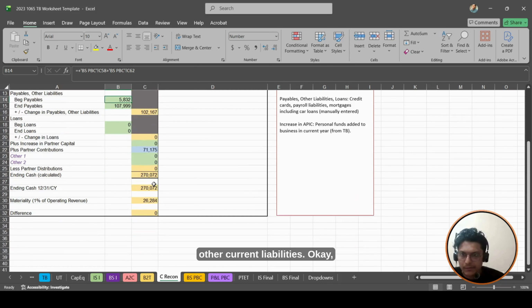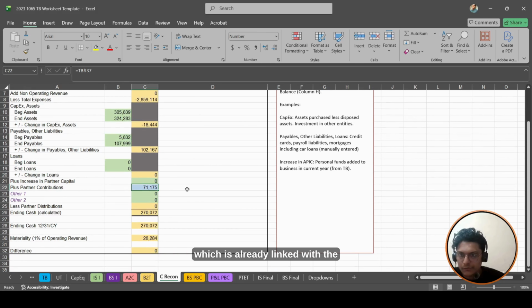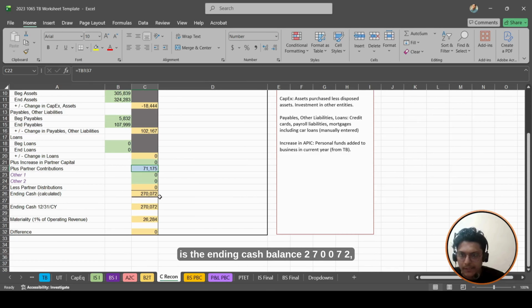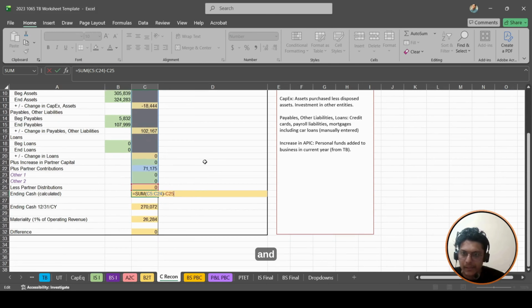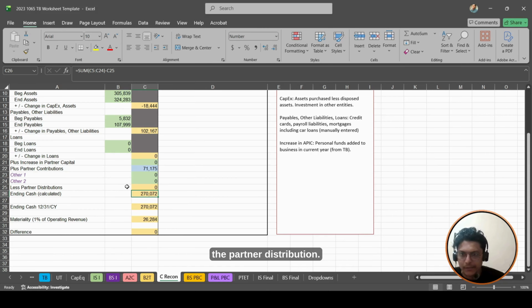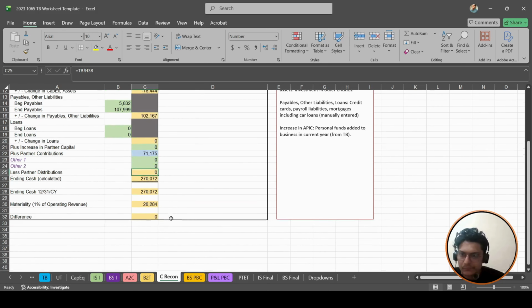Then come to the partner contribution, which is already linked with the trial balance, and this is the ending cash balance 270,072, which is the sum of all this and less the partner distribution.